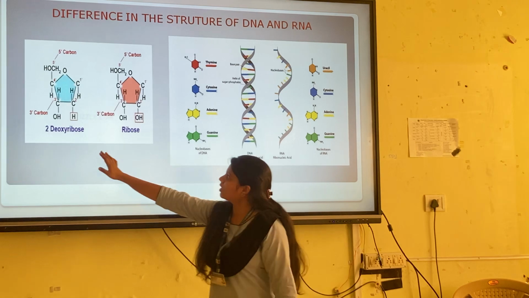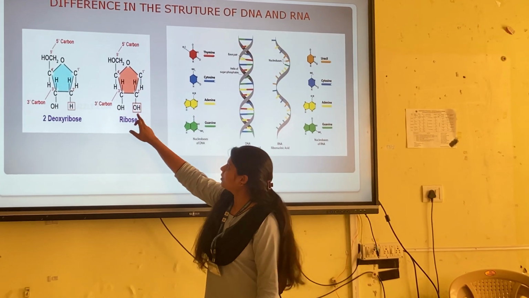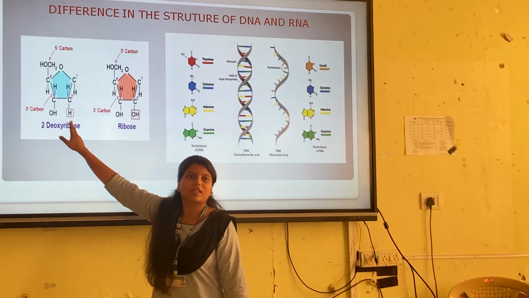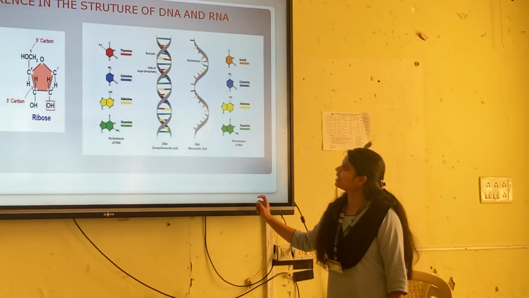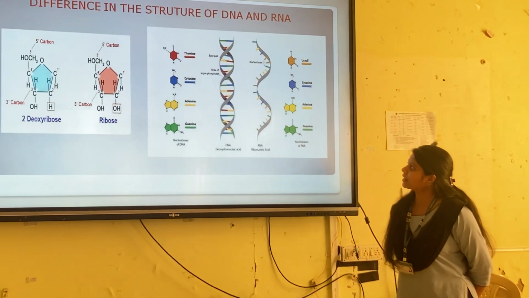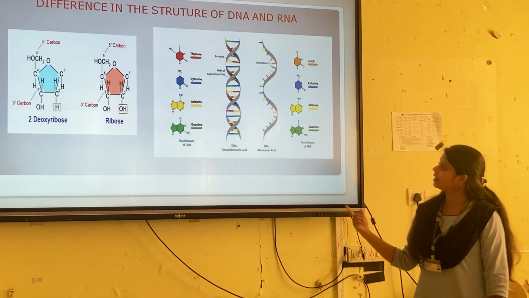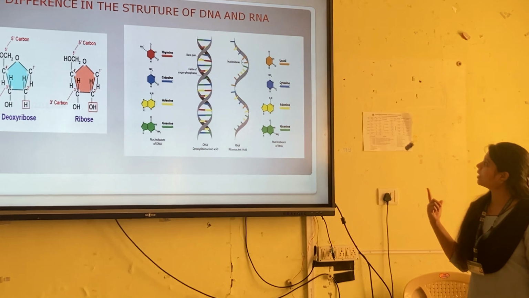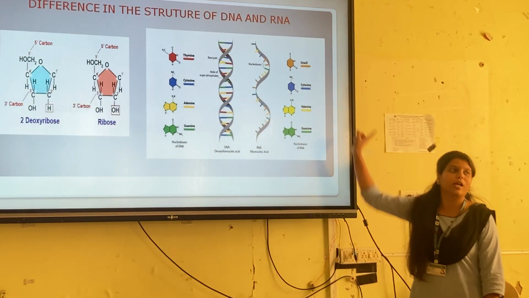In ribose sugar, in the second carbon we have the OH group, but in deoxyribose we lack oxygen. Another difference is that in deoxyribonucleic acid we have four bases: thymine, cytosine, adenine, and guanine. But in RNA we have uracil, cytosine, adenine, and guanine. So here you can see instead of thymine we have uracil.